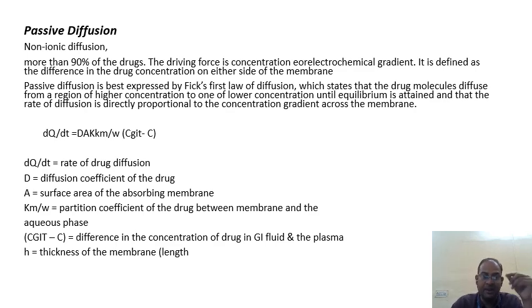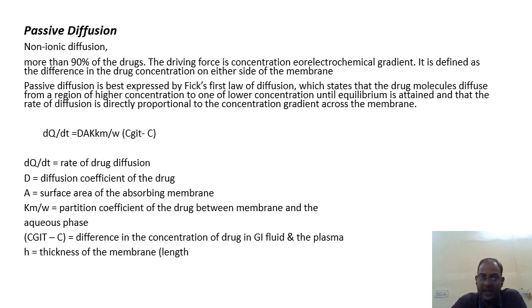The higher the absorption area, the more the dQ/dt will be. If the diffusion coefficient D is higher, then the diffusion is also higher. This diffusion process will continue as long as Cgit minus C is there.